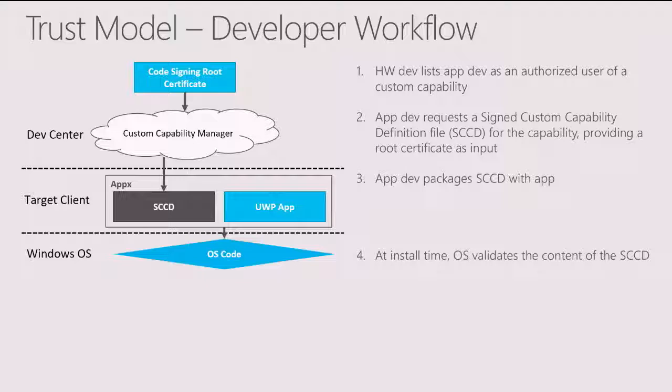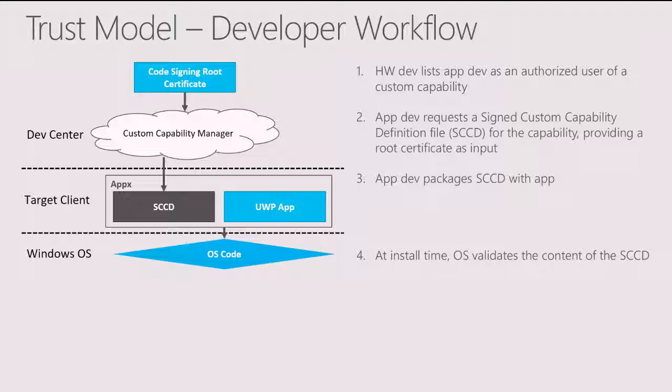When the app is downloaded from the Windows Store, the OS checks for a few things. Firstly, it ensures that there is a signed SCCD for every custom capability that's listed in the app manifest. Second, the SCCD is not being tampered with. That's another check that happens as part of the install process.